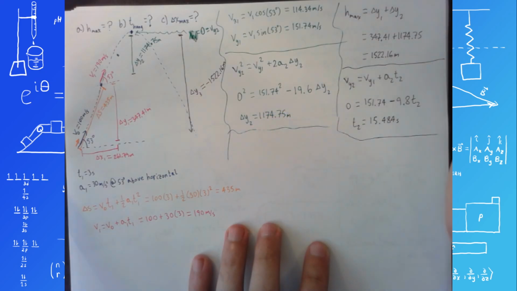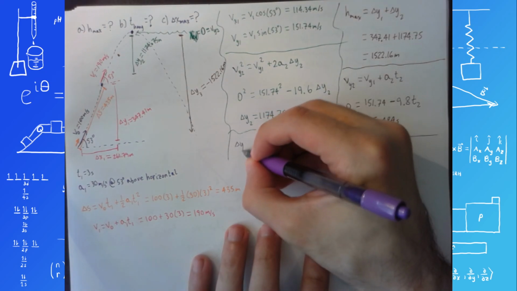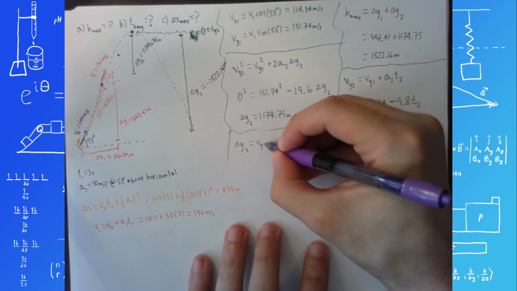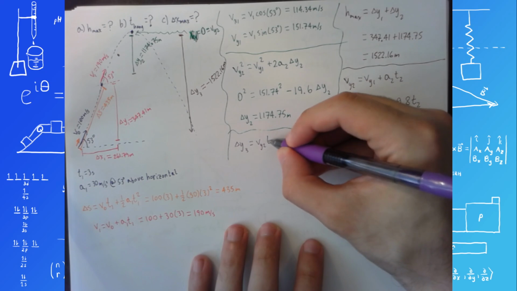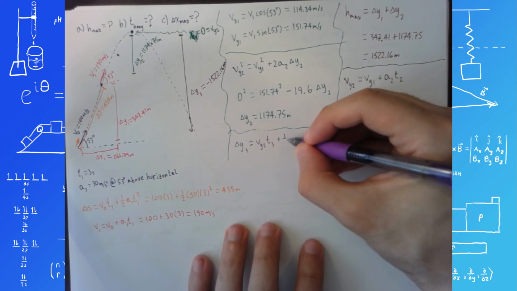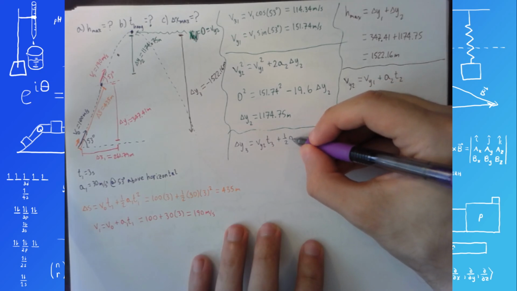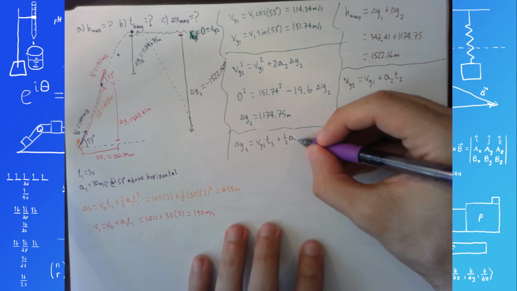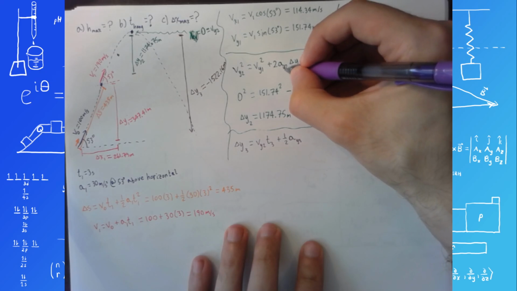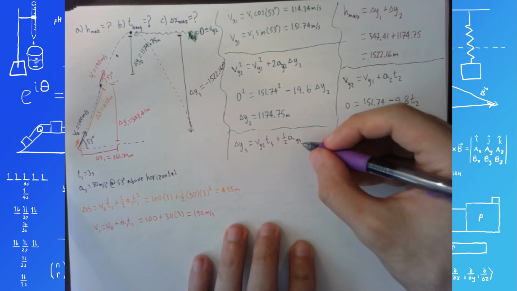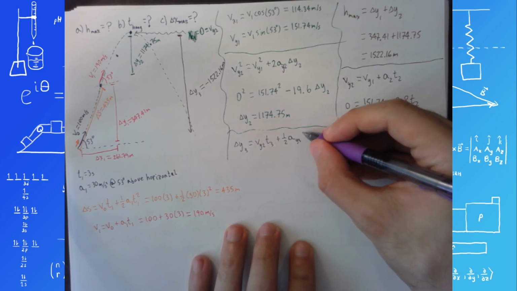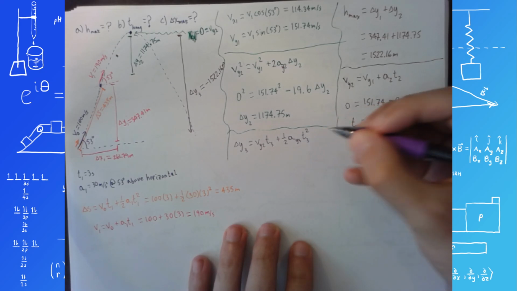Delta y3 equals vy2 times t3 plus 1/2 acceleration y3. Come to think of it, I forgot the y over here as well. Plus 1/2 acceleration y for phase 3 times t3 squared.